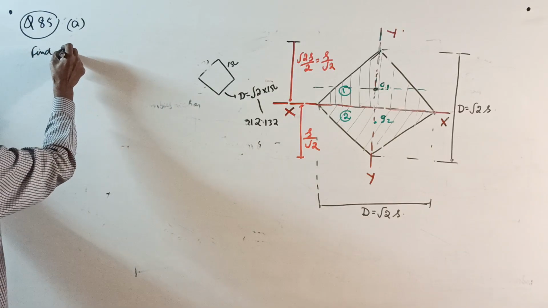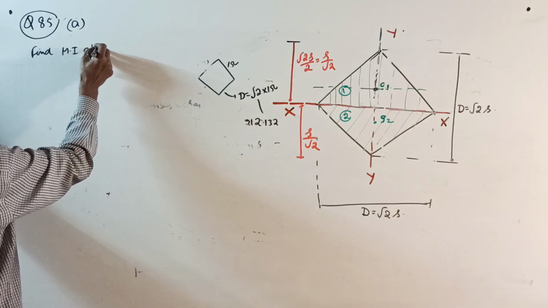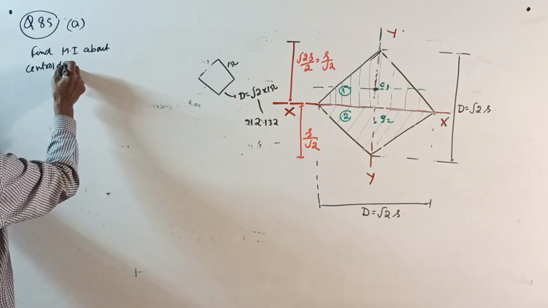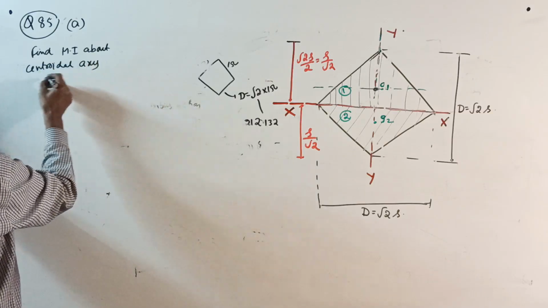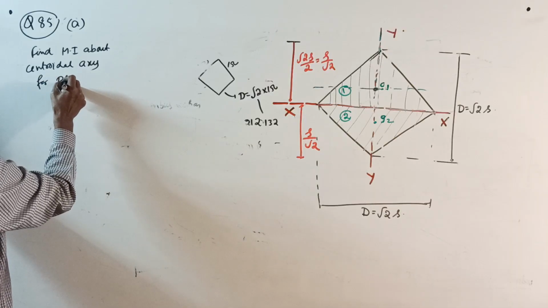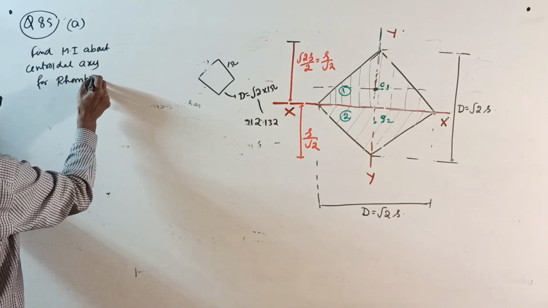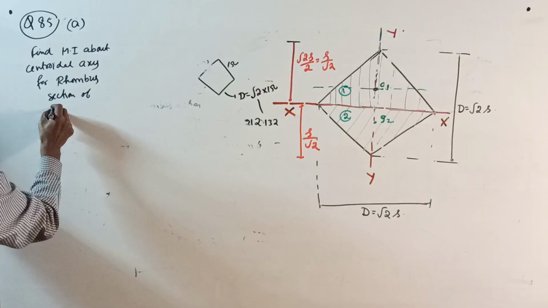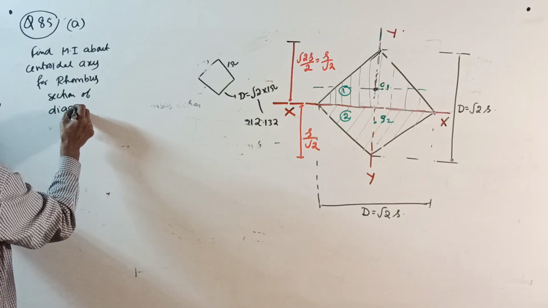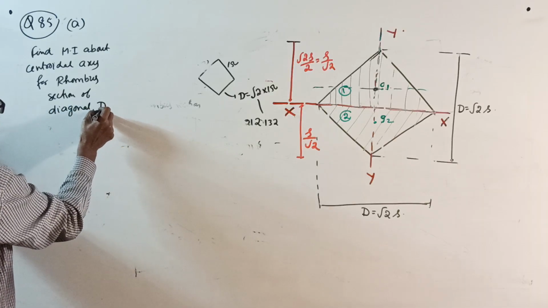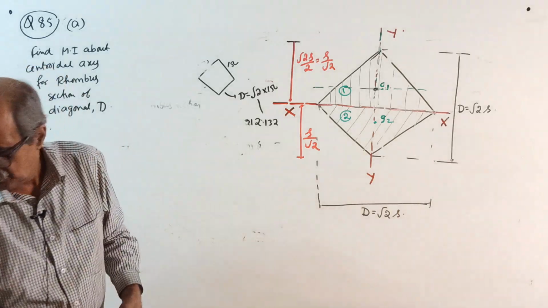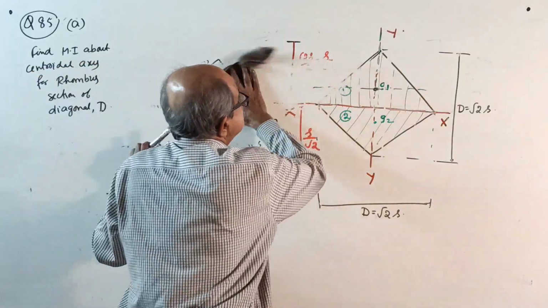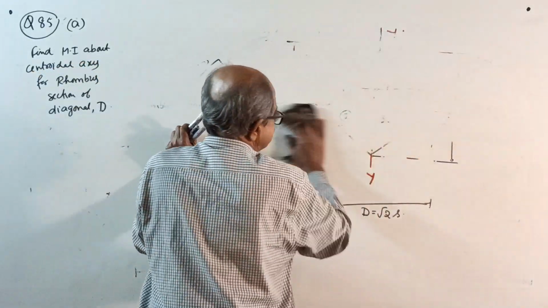Find moment of inertia about centroidal axis for a rhombus section of diagonal, this time diagonal D given, side not given. Okay, I'll solve first. See, so simple it is. This time they told diagonal.